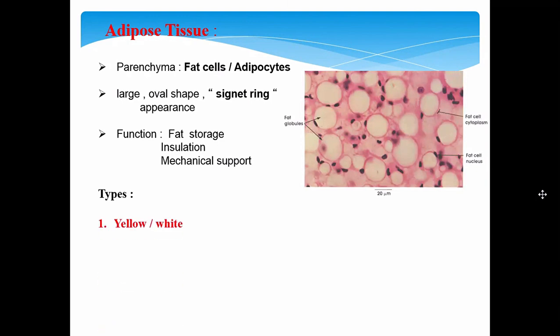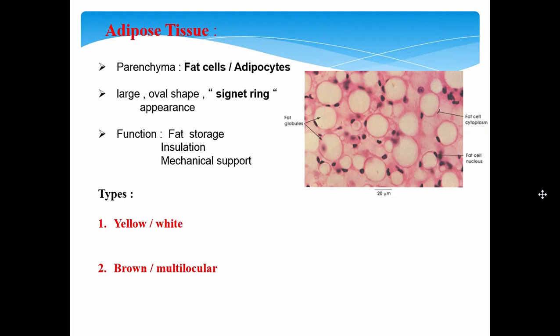And then the types, you have your yellow or white, and then you have brown. You describe white as unilocular, while brown is multilocular.